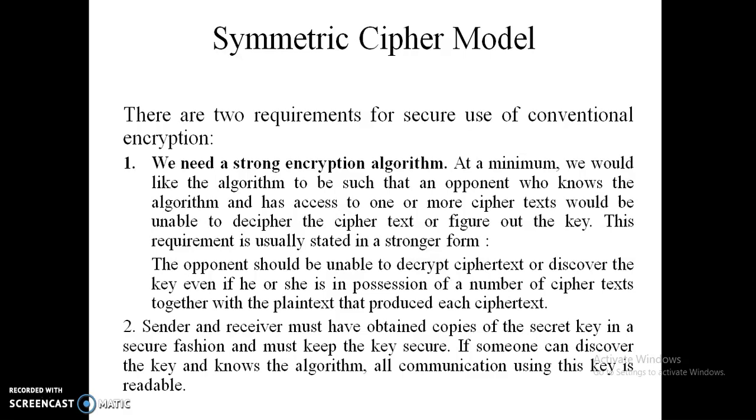The second one is the sender and receiver must have obtained copies of the secret key in a secure fashion and must keep the key secure. In the symmetric cipher model the key plays an important role, because the sender and receiver both use the same key.